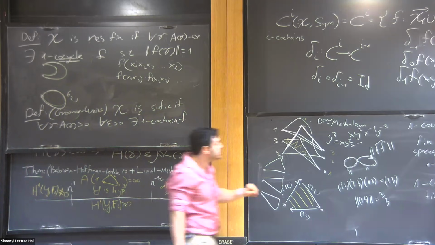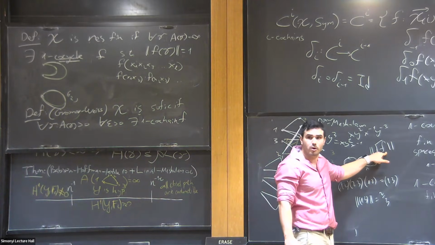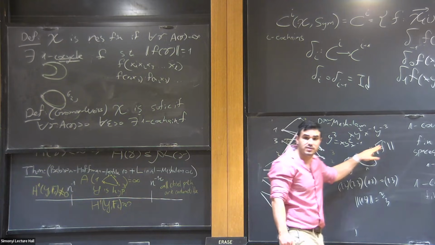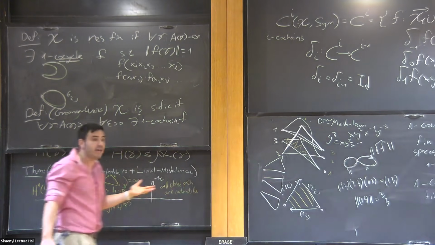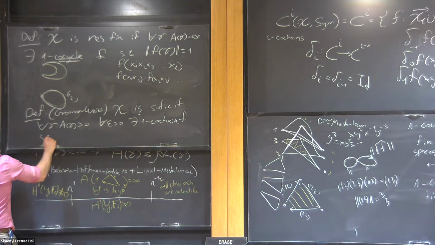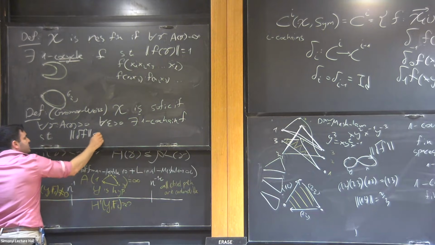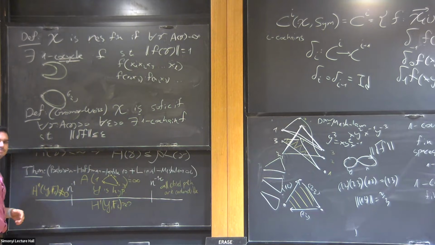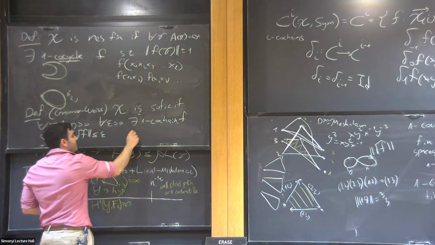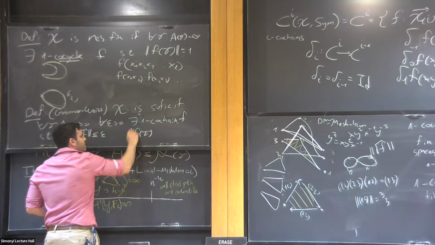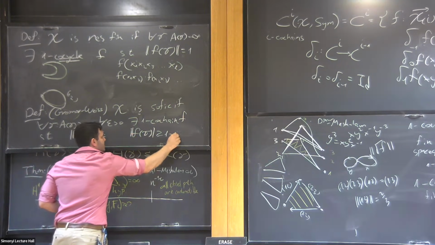Being a one cocycle is the same as saying that the norm of delta F is 0. So relaxing it, we say such that the norm of delta F is smaller than epsilon, but the norm of F of gamma is larger than 1 minus epsilon.